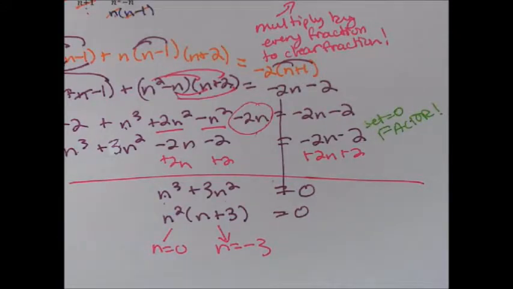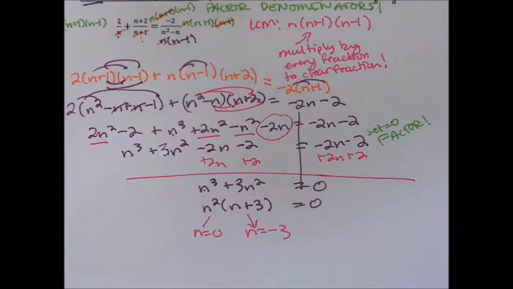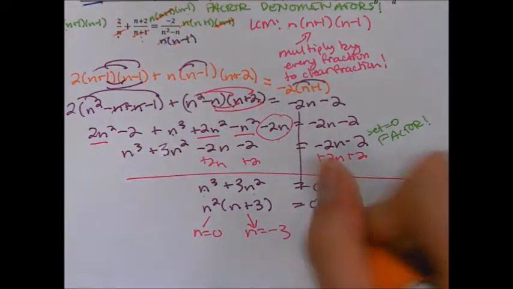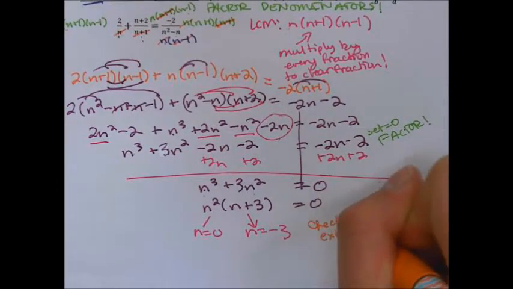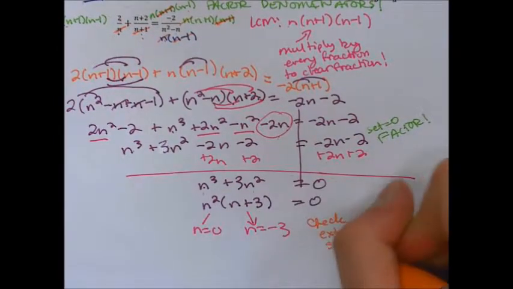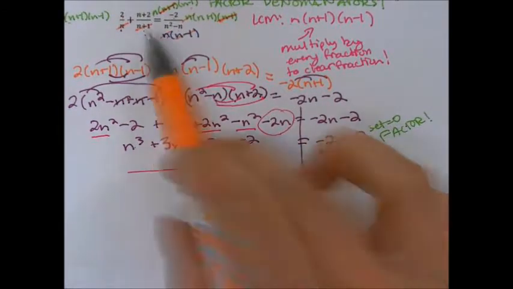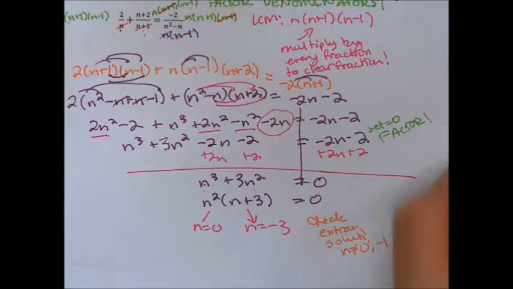And now, here I'm going to zoom out so you can see the whole problem a little bit better. And we can't just say these are our answers. We have to check our extraneous solutions. See, here n cannot equal 0, n cannot equal negative 1, n cannot equal positive 1.